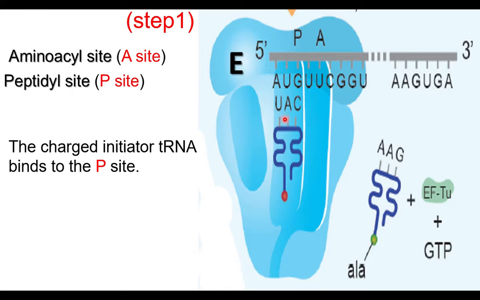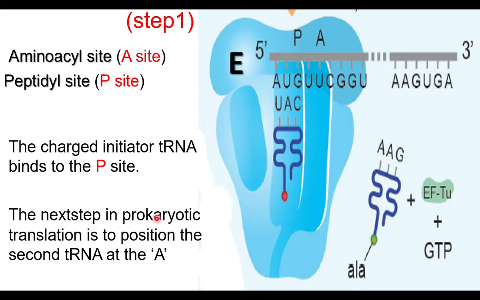All other tRNAs first come to the A site only. The next step in prokaryotic translation is to position the second tRNA at the A site. This is second tRNA. Positioning of second tRNA to the A site brings a second amino acid.